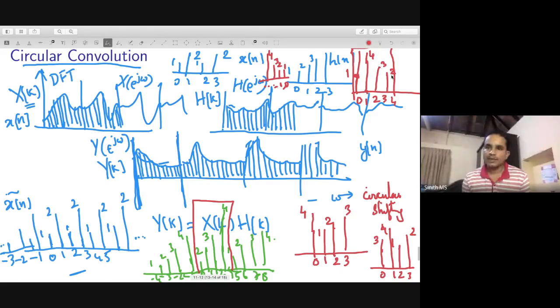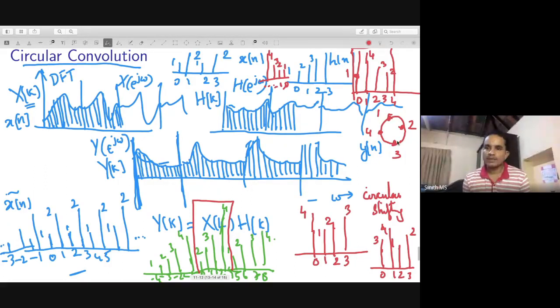So basically, if you consider it as a circle, you have 1, 2, 3, 4, and if you write it as 1, 2, 3, 4, 1, 2, 3, 4, the circular time reversal is basically you take from here 1, 4, 3, 2.